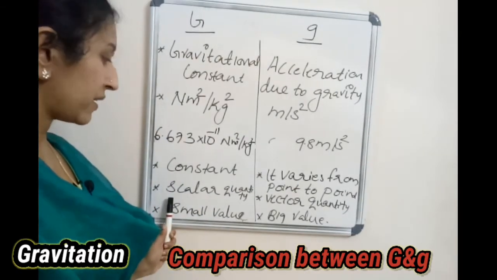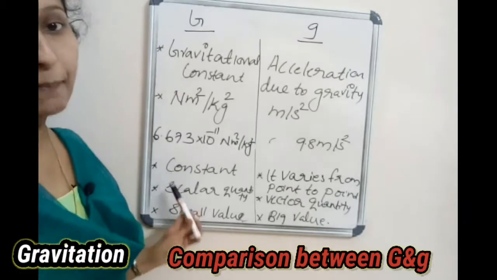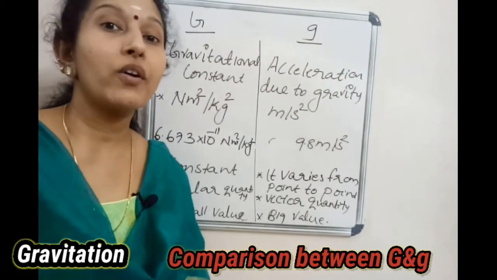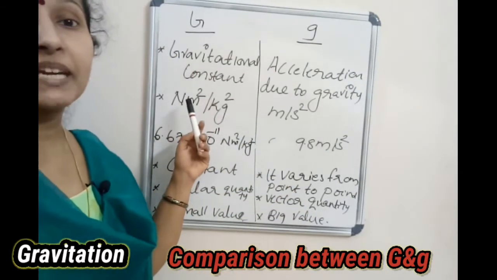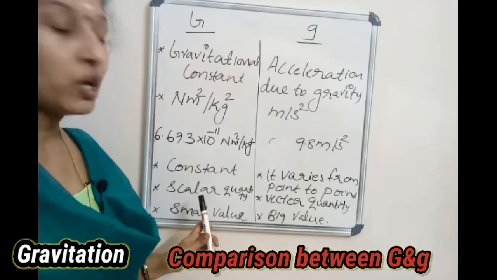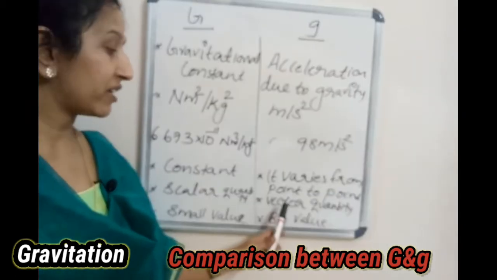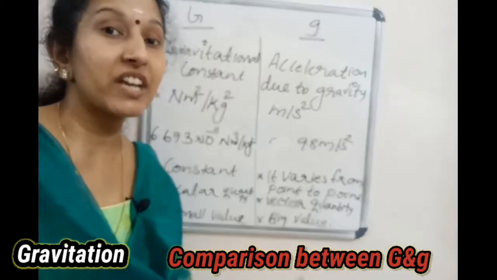And the next one, capital G is a scalar quantity. What is a scalar quantity? A scalar quantity is a quantity which has only magnitude. So capital G has only magnitude, so it's a scalar quantity. But acceleration due to gravity is a vector quantity because it has both direction and magnitude.